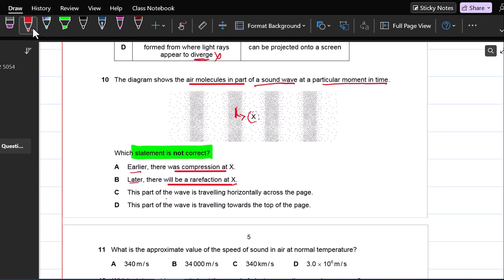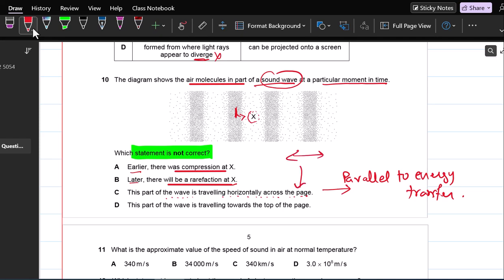This part of the wave is traveling horizontally across the page. Yes, it is a sound wave, it moves horizontally, parallel to the direction of energy transfer. So this is also right, to and fro basically.